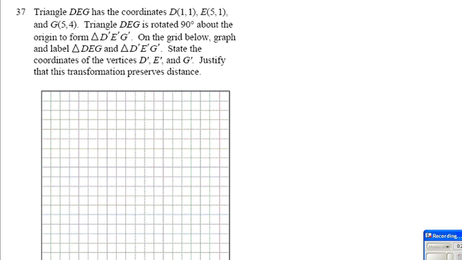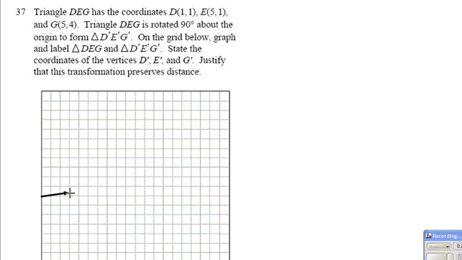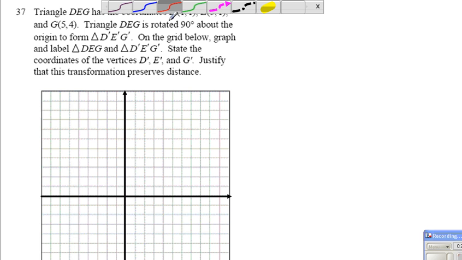Alright, so number 37, here we have just making 2 axes. Okay, so let's see, D was 1 comma 1, and then E was 5 comma 1, and G was 5 comma 4.